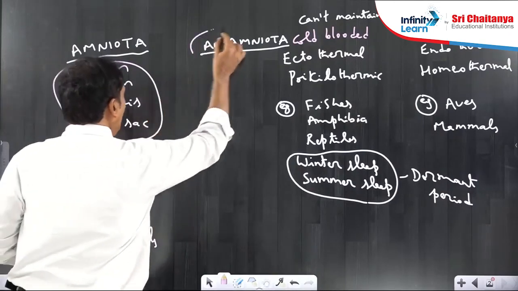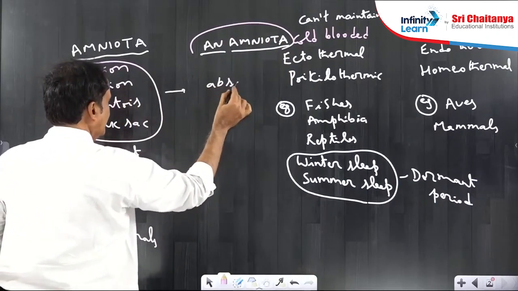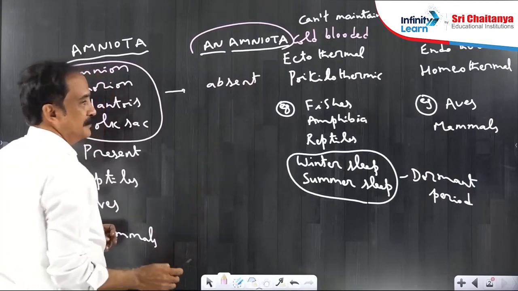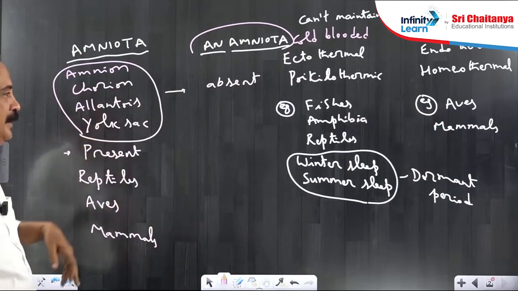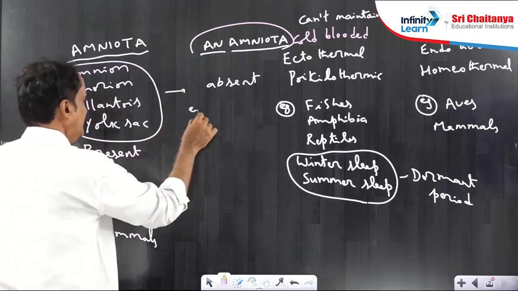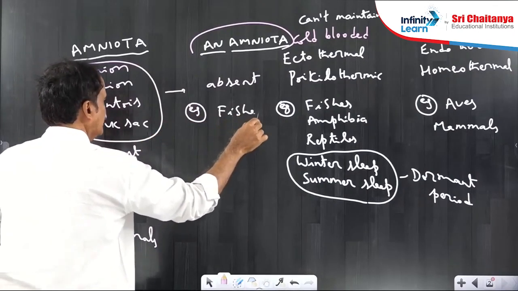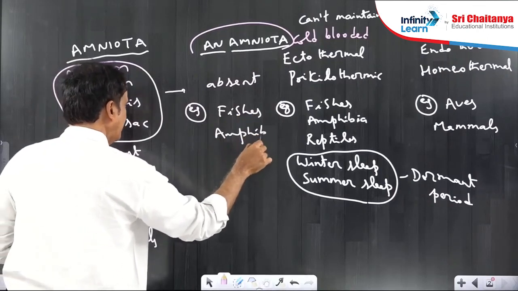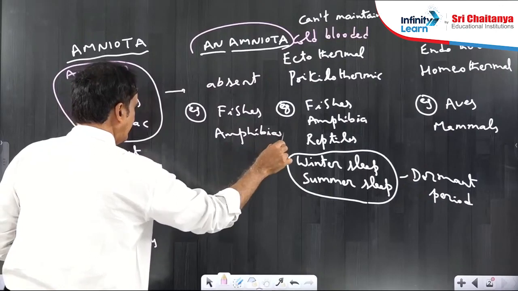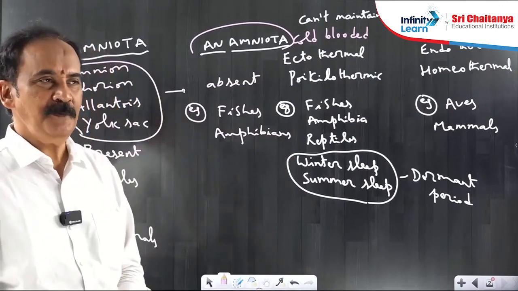Anamniota is the group where these layers are absent, right? The amnion, chorion, allantois and yolk sac are absent. So this includes two groups. One is the fishes, the other one is the amphibians. So fishes and amphibians, where does the development take place?